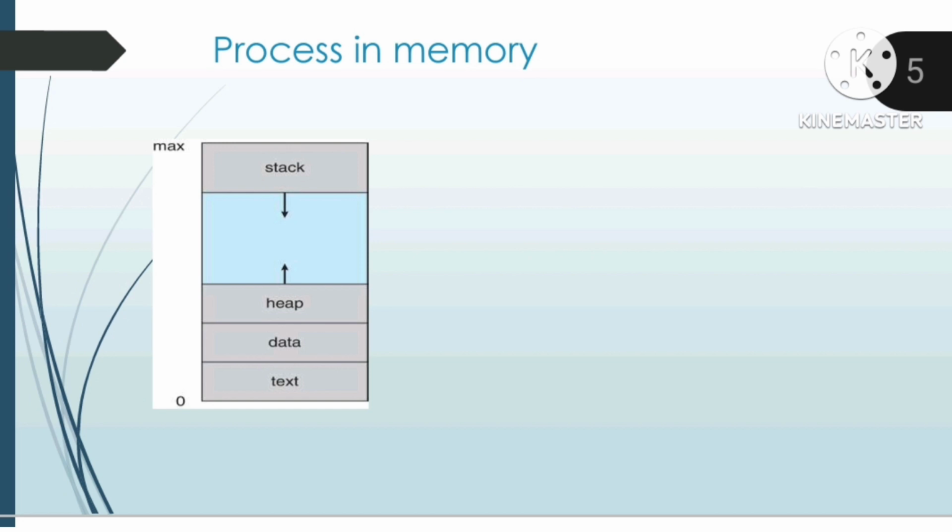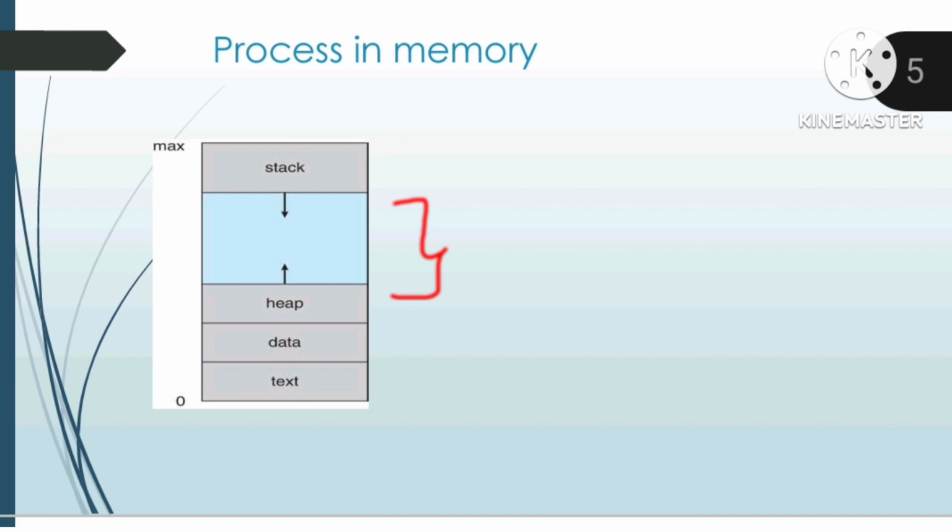In some programs the stack will take more space, and in some programs the heap will take more space, and I don't know which one is going to take how much space before executing it. That is why I want to keep my options open. So whichever takes more space will occupy more space in this, and whichever needs less space will shrink down.